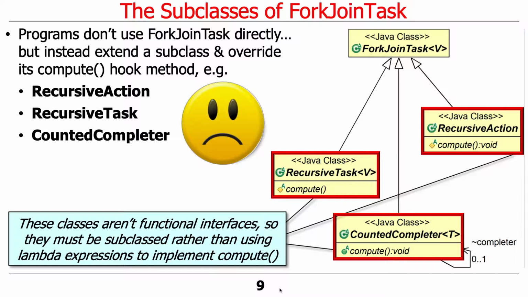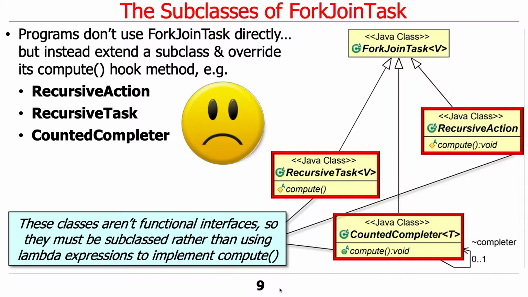This is probably a result of the fact that ForkJoinPool was added to Java in Java 7 in the 2010 timeframe, prior to the functional programming features being added in 2014.